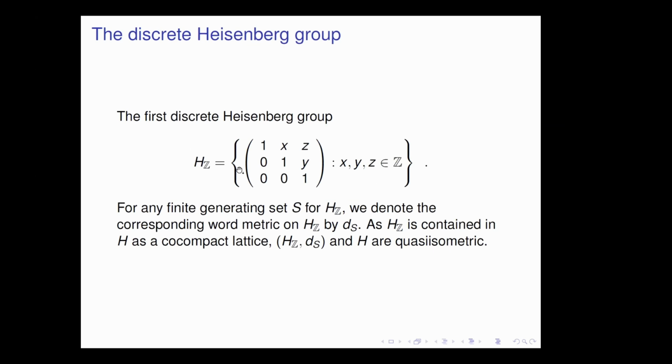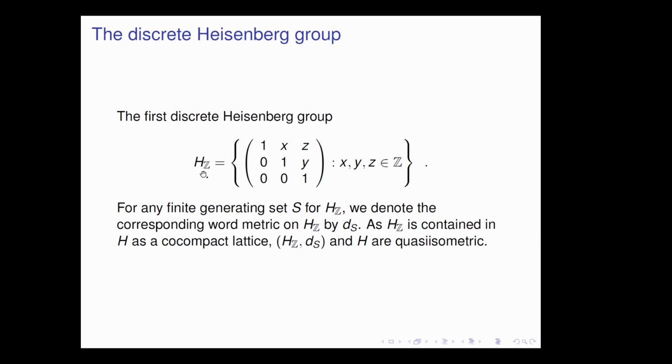This is finitely generated nilpotent group. We fix any finite generating set for this group. Then there's the corresponding word metric. So if the generating set is S, we denote the word metric by d_S.